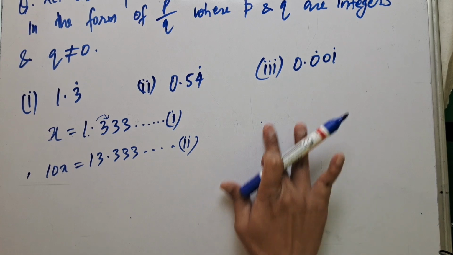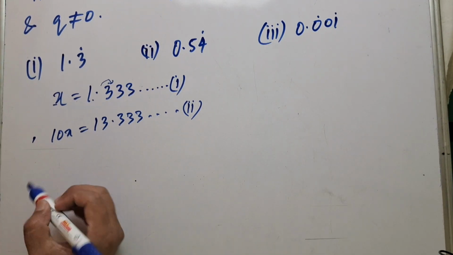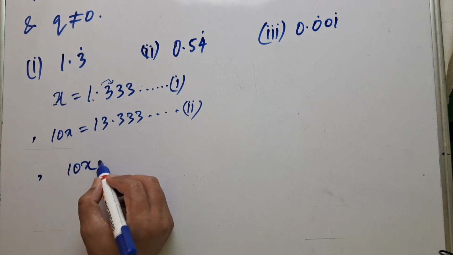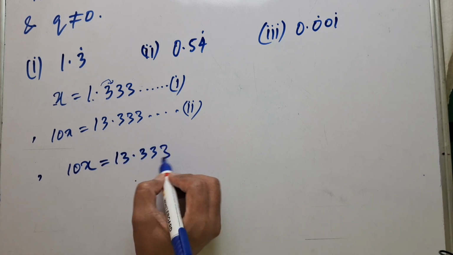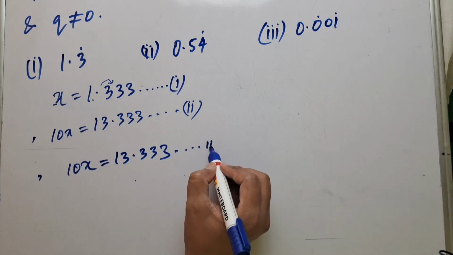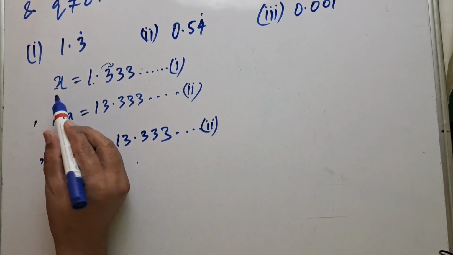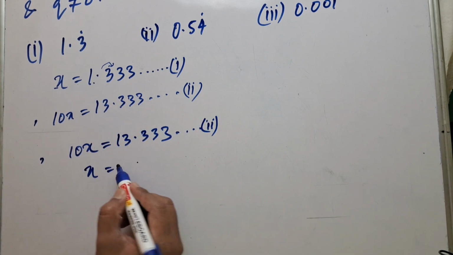Now we subtract equation 1 from equation 2. Let us write equation 2 again: 10x equals 13.333 and so on. And equation 1 is x equals 1.333 and so on.